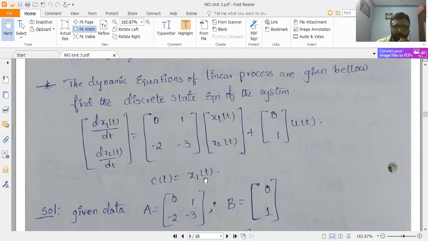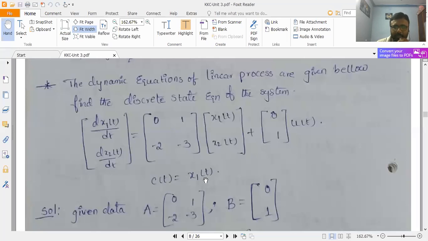So this is the statement of the problem which is given, and we need to find out the discrete state equations of the system. What is the discrete state equation?